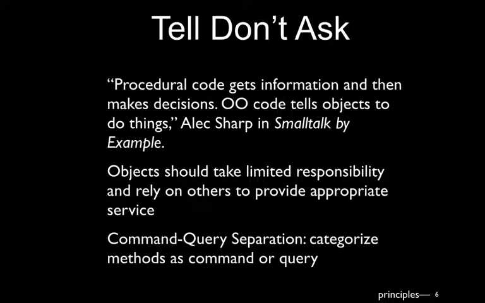This is essentially the tell don't ask principle, as Alec Sharp talked about in Smalltalk by Example. And he says that we should really rely upon giving responsibility to objects rather than querying and making a decision on things. In other words, objects should take limited responsibility and rely on other objects to provide the appropriate service.